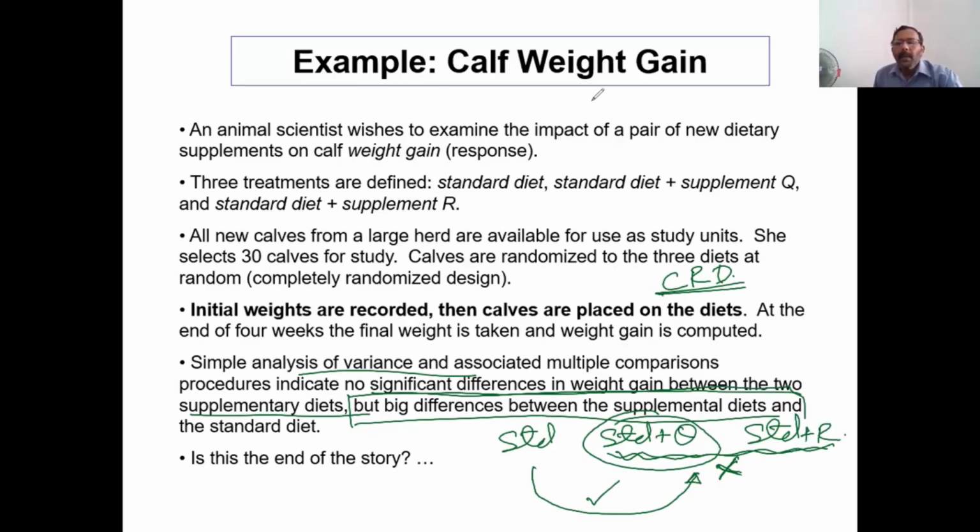Right? Now, can we be satisfied with that result? Because already there's a treatment effect, standard diets with supplement are doing better than the standard diet. So can we satisfy ourselves? Can we stop with that? If you want, you can stop with that.